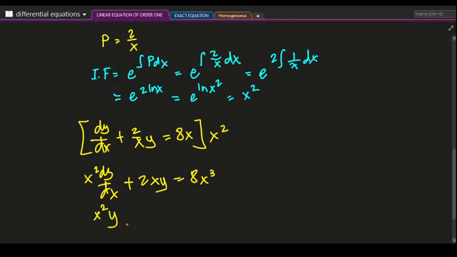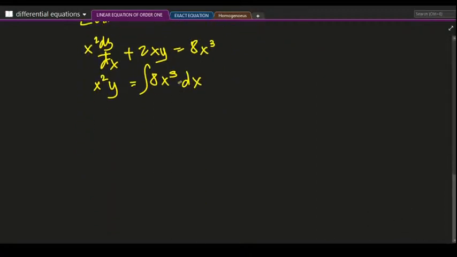So we have x squared y. Then the right side, 8x cubed, will be integrated in terms of x. So we have now 8x cubed dx.